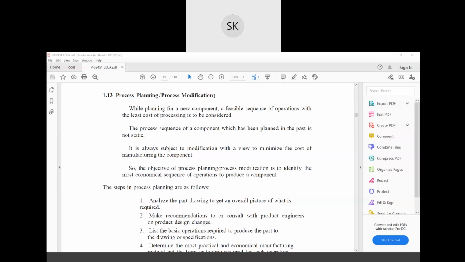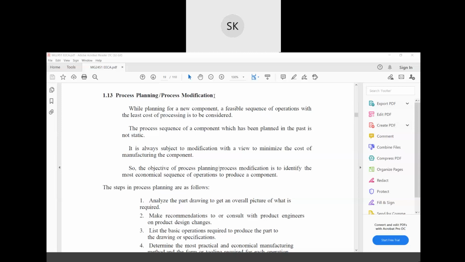So planning is not static. It can vary from time to time, depending on certain conditions. It is always subject to modification with a view to minimize the cost of manufacturing the component. The process of making anything is not static. It is always subjected to some modification, where you are getting the minimum cost of that product.